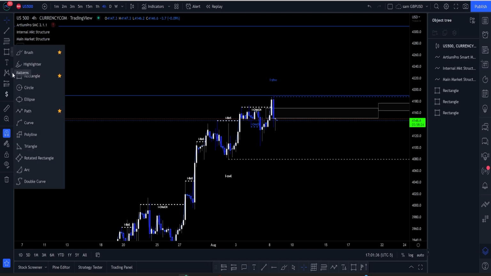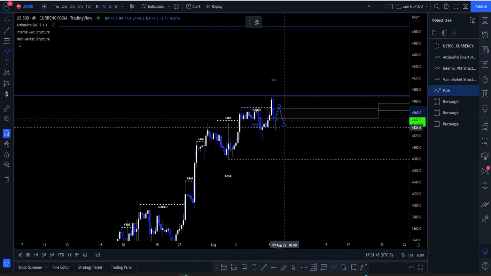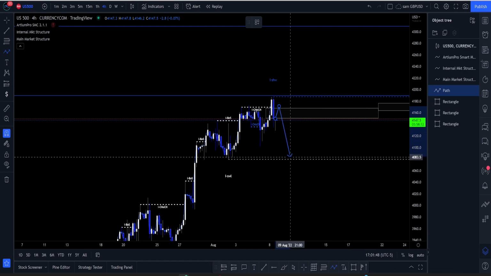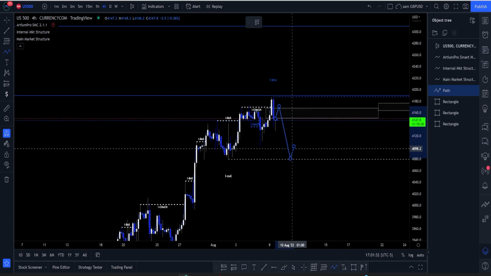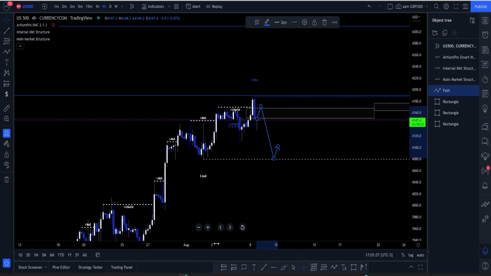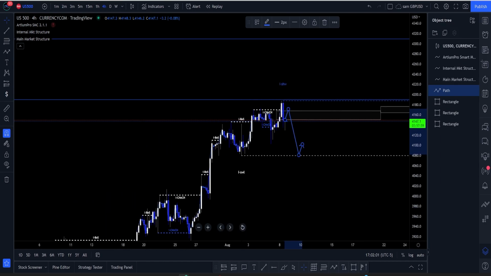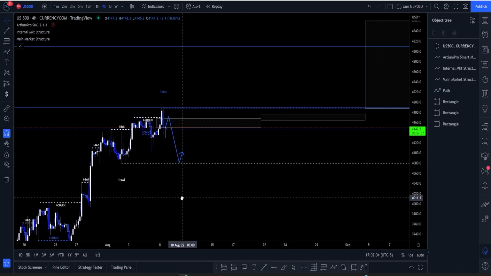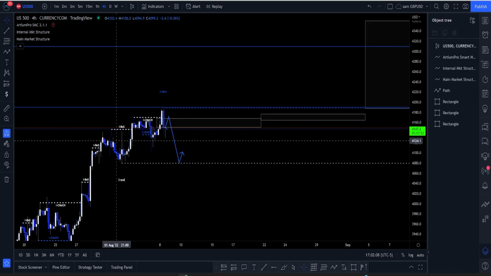You would want to see this bottom get retested. You want to be patient and look for good deals where you'll have a good RR, risk to return ratio, and you can set a decent stop loss, okay?